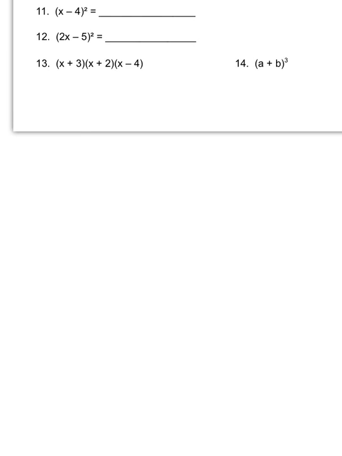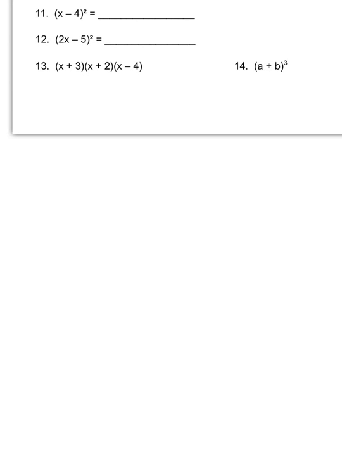And let's look at 13. Notice on 13 we have 3 binomials here. It's just like regular numbers. If you're multiplying 3 numbers together, you would multiply 2 of them, get an answer, multiply it by the third one. Same thing here. So I'm going to just multiply these first 2 binomials together.